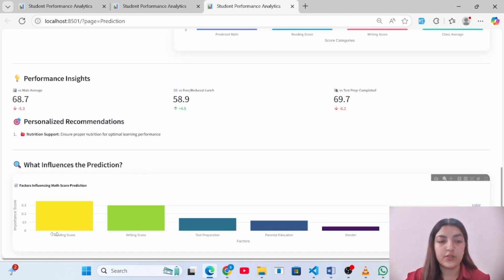You can see the reading score is 0.3 and the writing is 0.3. In this, you can see how other factors are affecting the math score: the other factors are not affecting that much, the gender is affecting, and you can see the reading score is affecting the math score more.